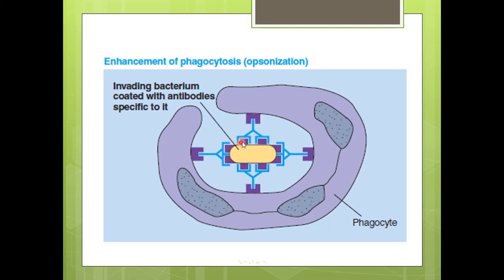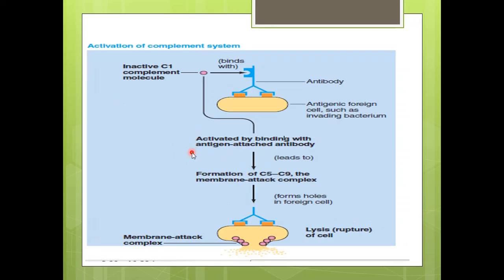Opsonization makes it easier for the phagocytes to engulf it. It will be recognized and engulfed by the phagocytes. So this is another function of the antibodies, that they can act as opsonins.